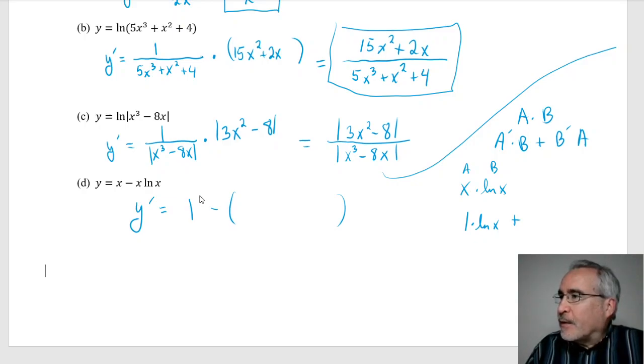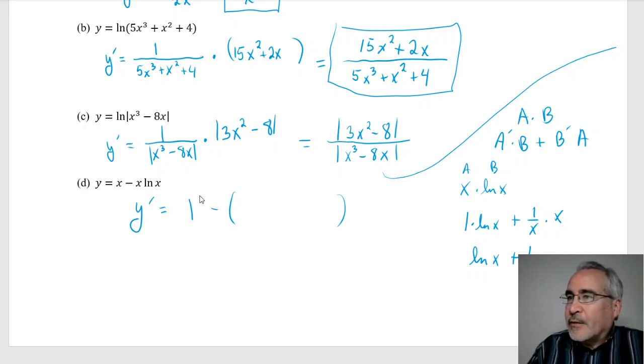Then we take the derivative of b, natural log, its derivative is 1 over x times a, which is just x. So what we end up with is 1 times natural log is just natural log of x. This we get x over x, which is 1. So that's our derivative. That's what goes in here.